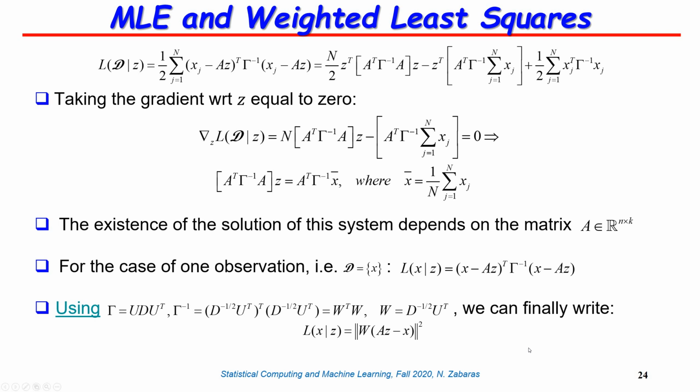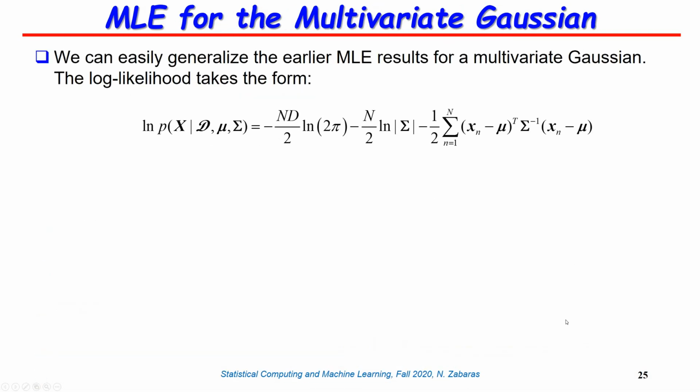So we did the univariate case for the Gaussian, we derived the MLE estimates for mu and sigma square. Let me give you the MLE estimates for the mean and the covariance matrix for a multivariate Gaussian. I'm writing here the log likelihood for n data points x_n.